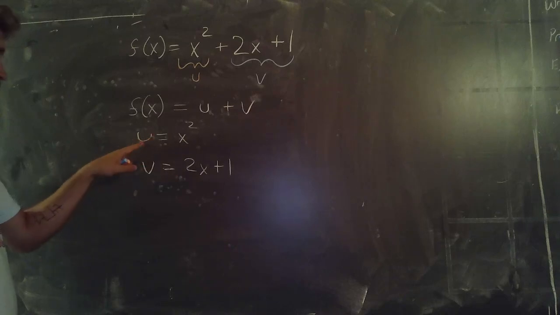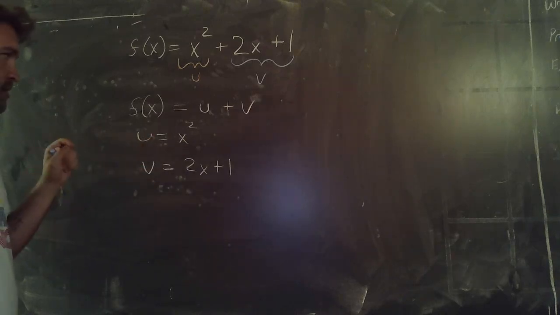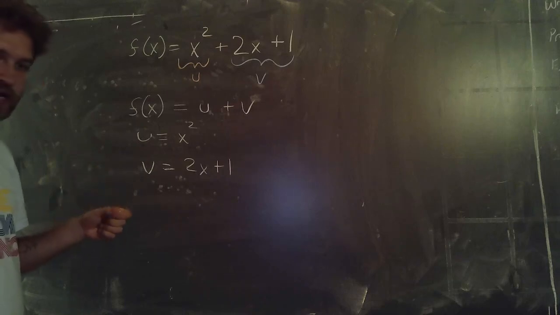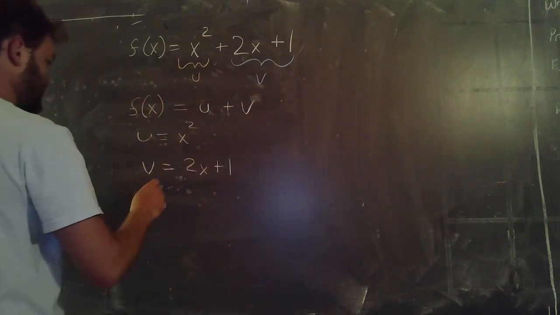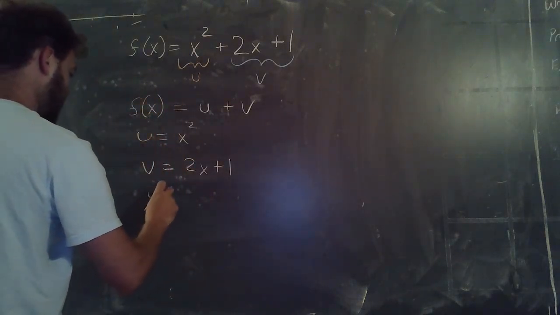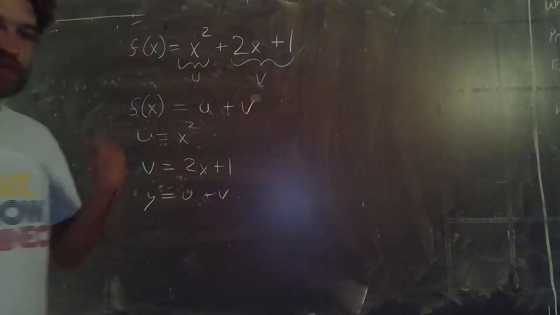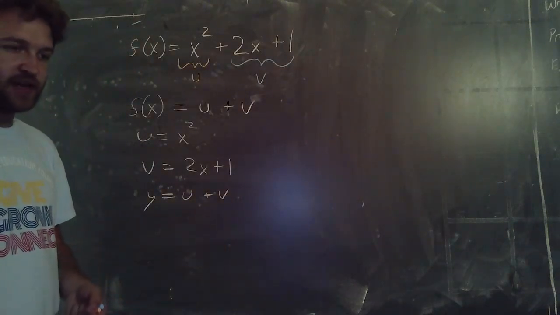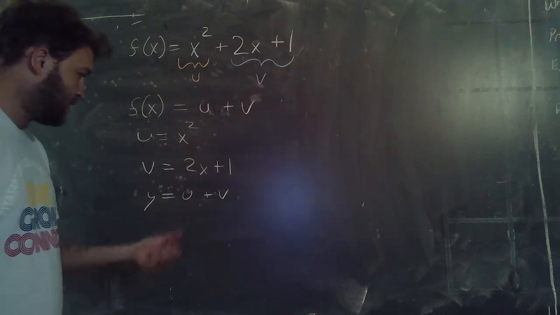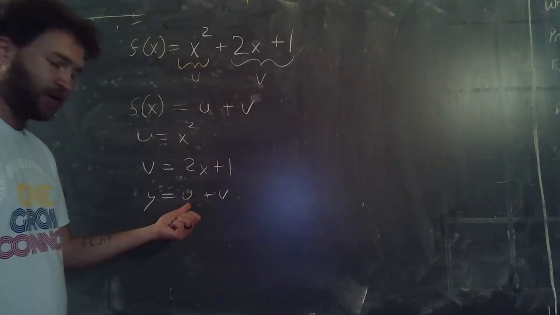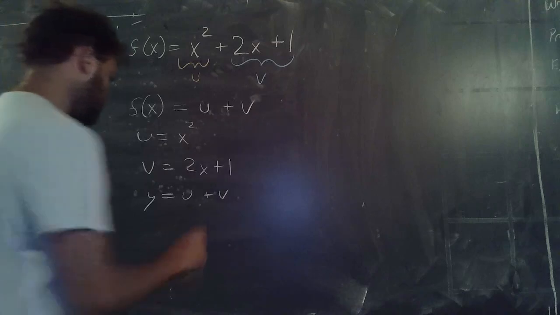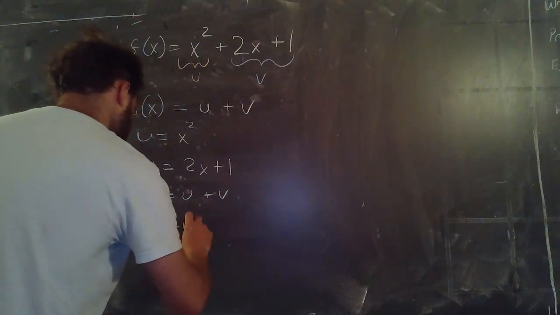And so we know that if I were to increase x by a small value dx in this case, then u would increase by a small value du. So what will happen when I take the derivative here is we'll have that y is equal to u plus v. Increasing the x value by a small value dx will correspond to u being increased by a small value du.